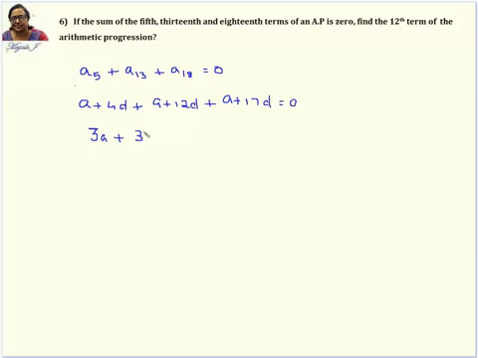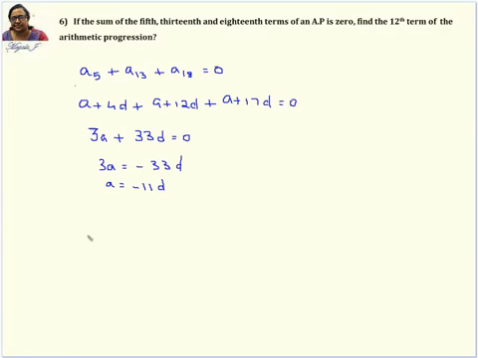So it's going to be 33D. 33D equal to 0. So we can say that 3A equals minus 33D, or we can say A equals minus 11D. So you have just found out the relationship between A and D here.